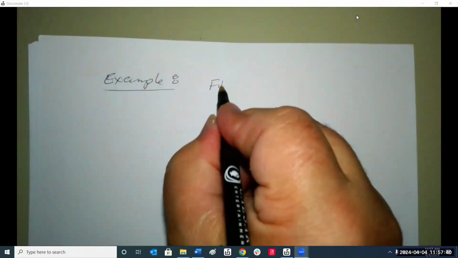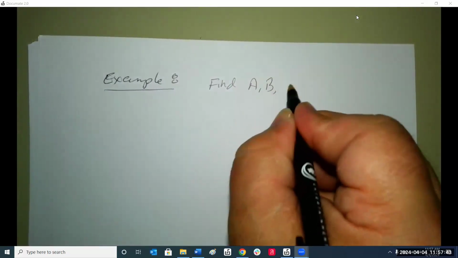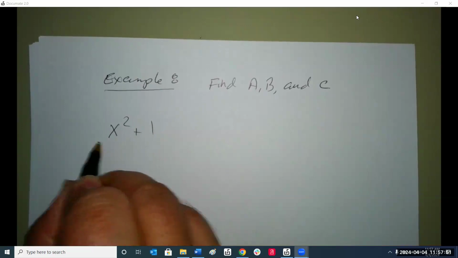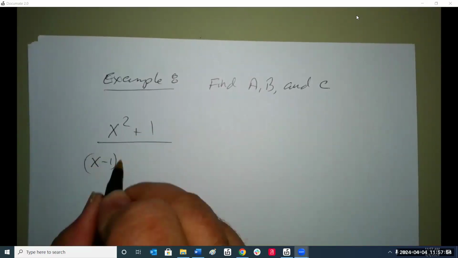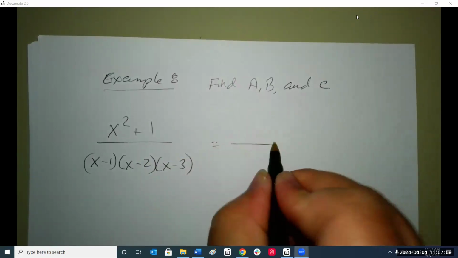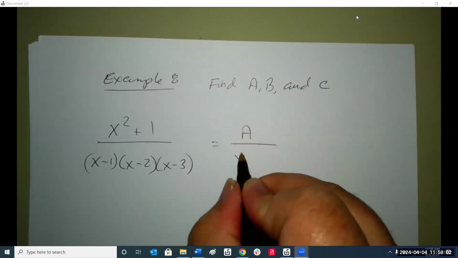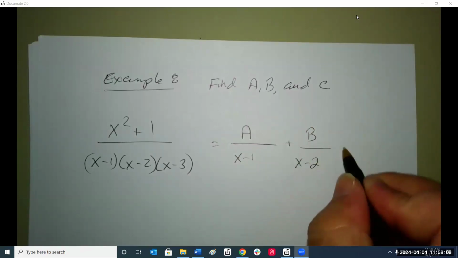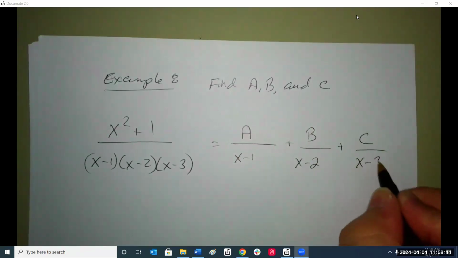Okay, the last one. Example 8. Find A, B, and C. (x squared plus 1) over (x minus 1)(x minus 2)(x minus 3) equals A over (x minus 1), B over (x minus 2), C over (x minus 3).